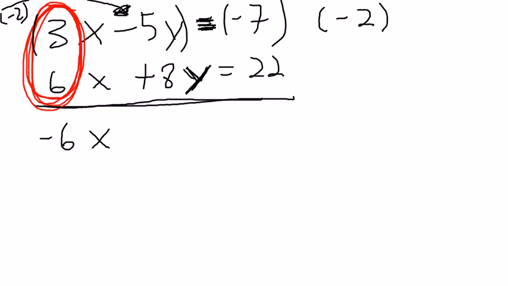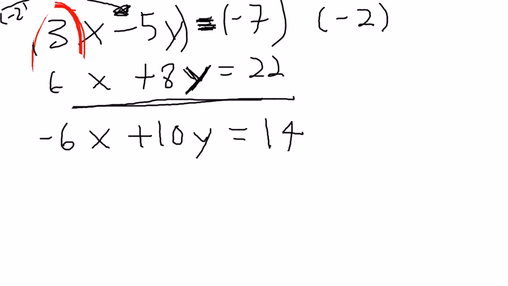So we have negative 6x. And what's negative 2 times negative 5y? It's positive 10y. And what is negative 7 times negative 2? Positive 14.